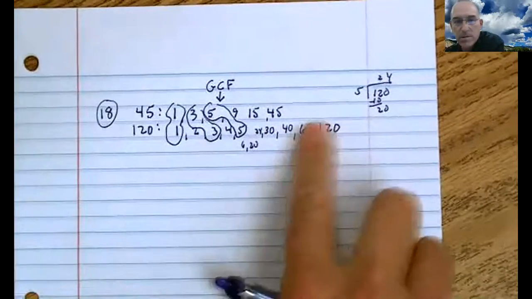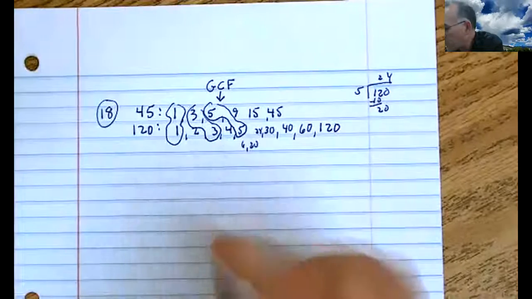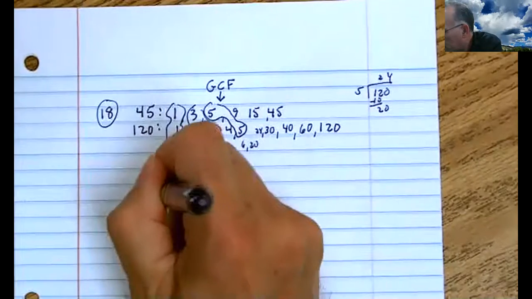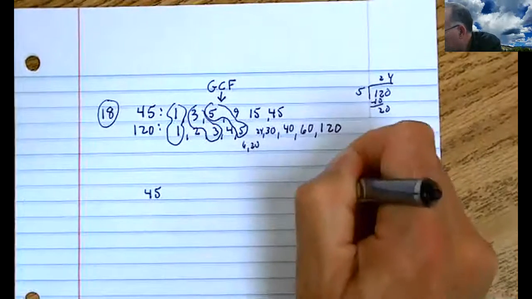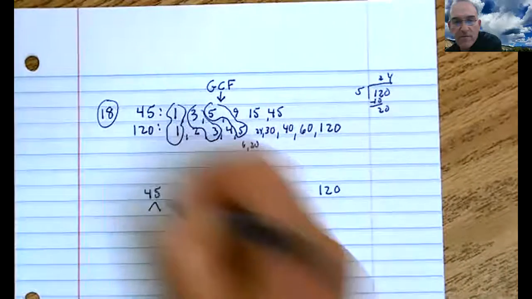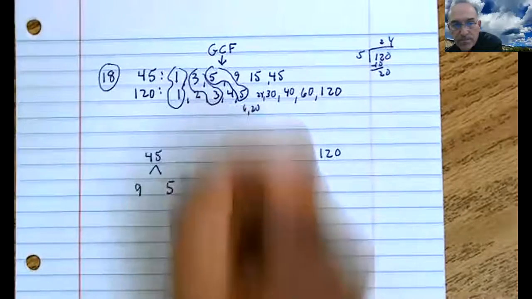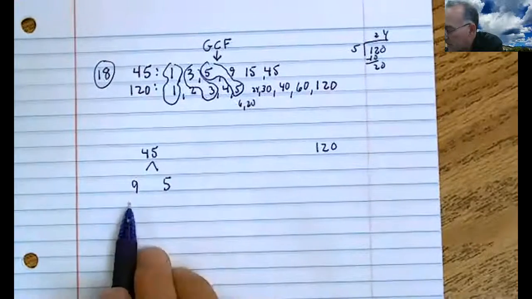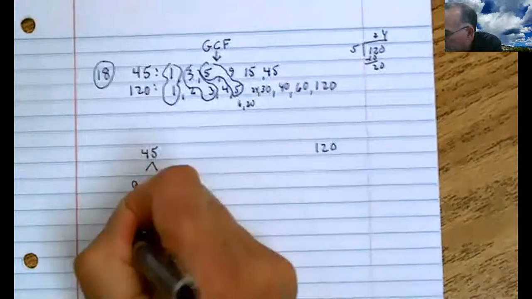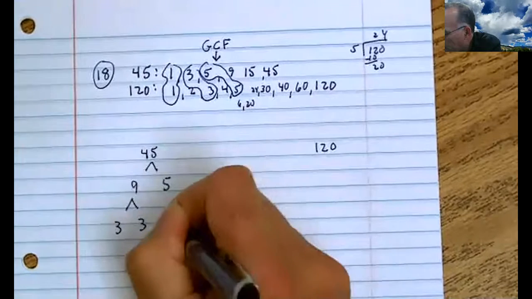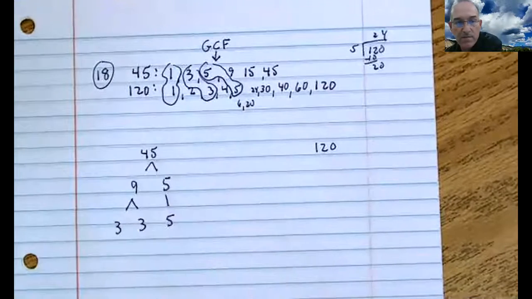Let's see if a factor tree will benefit us. Do you see all those numbers we start listing there? Okay, let's try it this way. Let's see if this will be of benefit to us. 9 and 5, correct? This is still a composite number. So this is a 3 and a 5, correct?